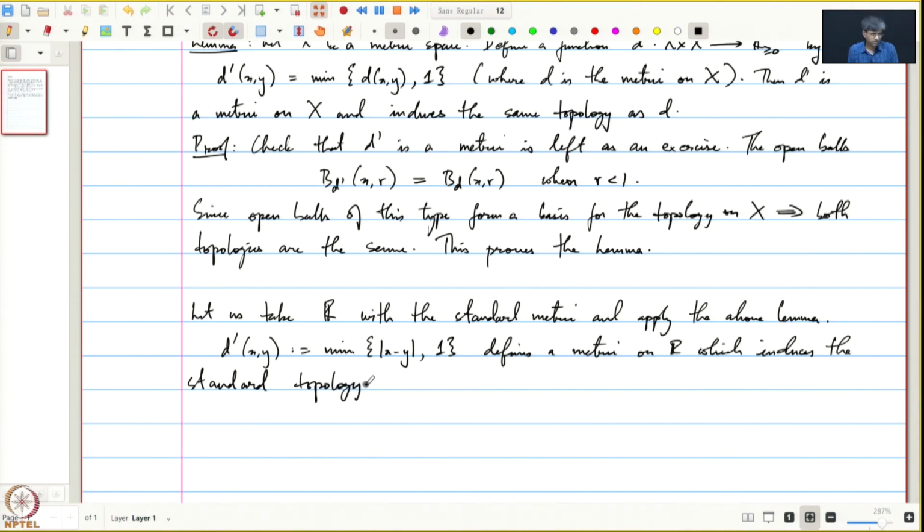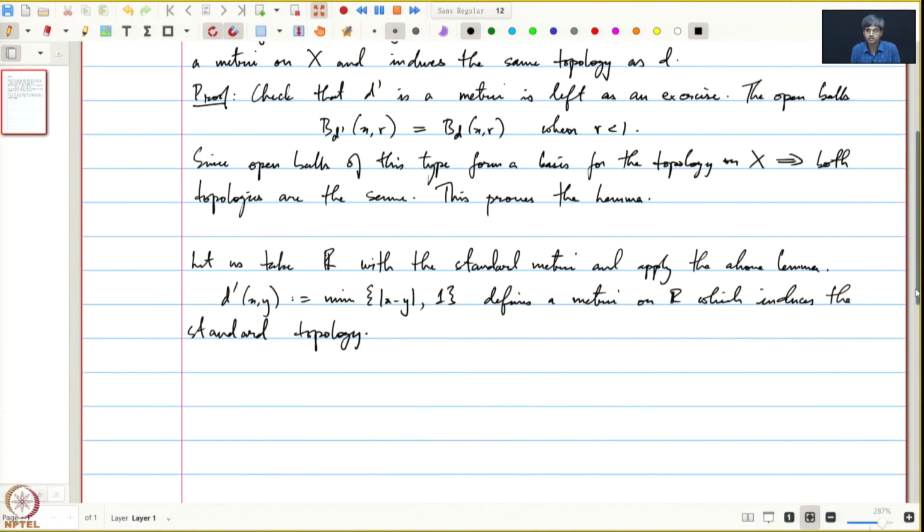Now we will use this metric d prime to define a metric on R^N, indexed by natural numbers.